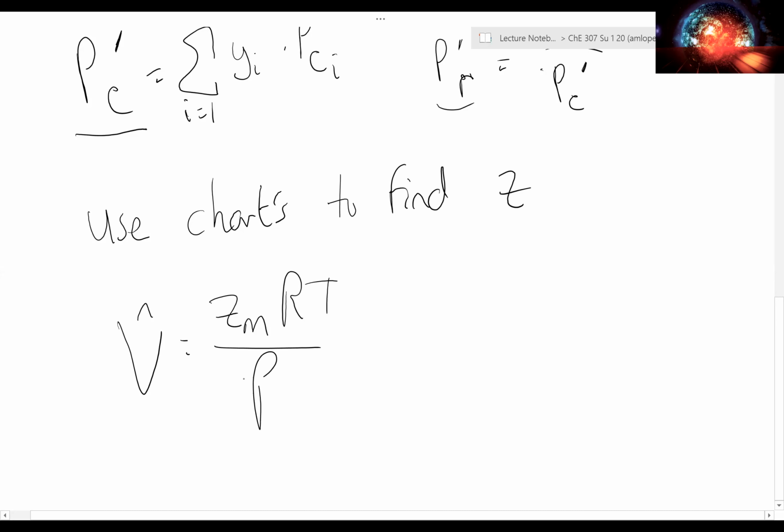And then with the molar volume of the mixture, you can then find out some information.